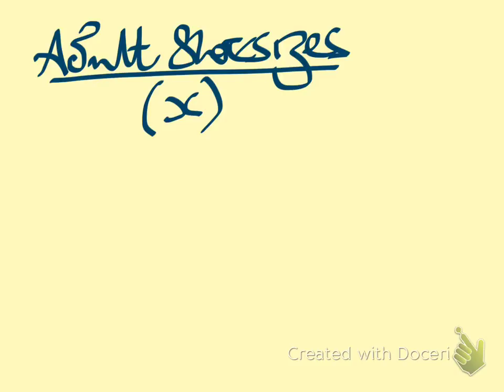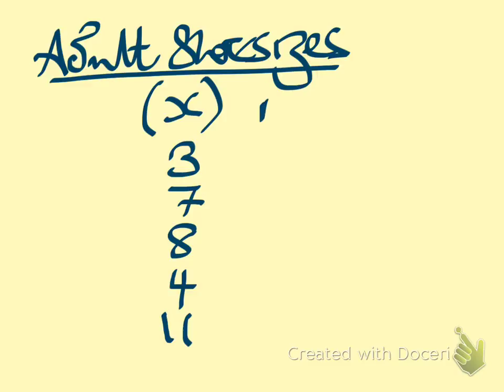So we survey a collection of 5 adults, and we find that their shoe sizes are 3, 7, 8, 4 and 11. So those are the 5 different shoe sizes we get. Okay, so we know that n is 5.